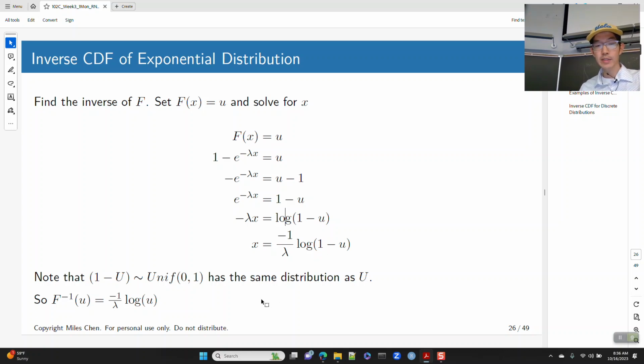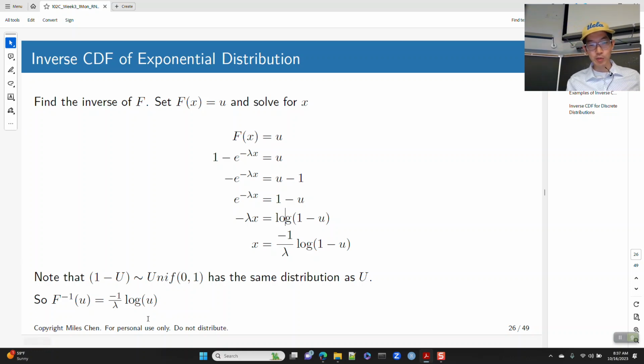And so I can plug in a uniform value. Now, 1 minus u has the same distribution as u itself. So a lot of times when we talk about generating values, we'll just plug in u rather than 1 minus u. I mean, the direct transform is 1 minus u, but if you have a random uniform value that generates values between 0 and 1, 1 minus u is also going to be a random uniform value between 0 and 1.